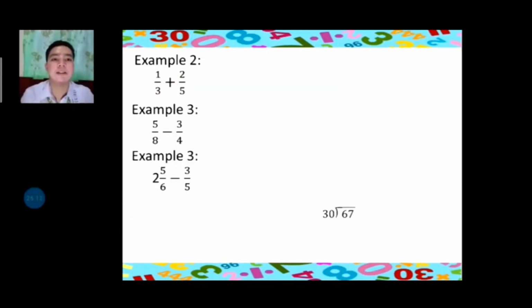How about this one? Example number 2, 1 over 3 plus 2 over 5. So our LCD is 15. That will be our denominator, 15. So what you are going to do is divide the LCD by the denominators, then multiply it by the numerators.